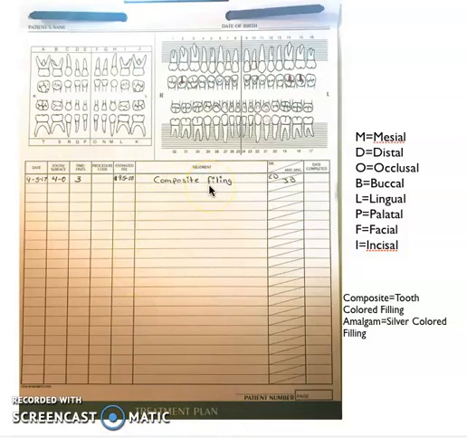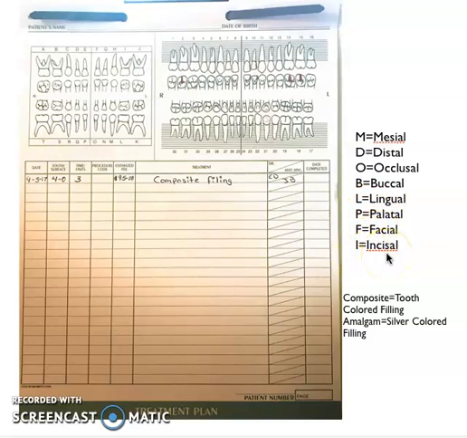Now I'm going to jump over here to a little bit of things that you should already know from DEN 100 with Dr. Foster. So let's look at these surfaces. So an M means a mesial, D means distal, O means occlusal, B means buccal, L means lingual, P is palatal, F is facial, and I is incisal.